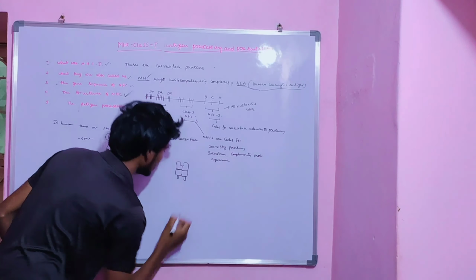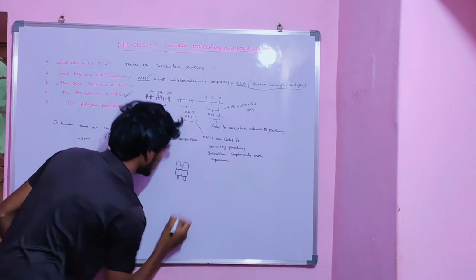Now the special protein called tapasin is attached to the MHC molecule. And the function of calnexin is over, and it simultaneously degrades. It dissociates from the MHC molecule.